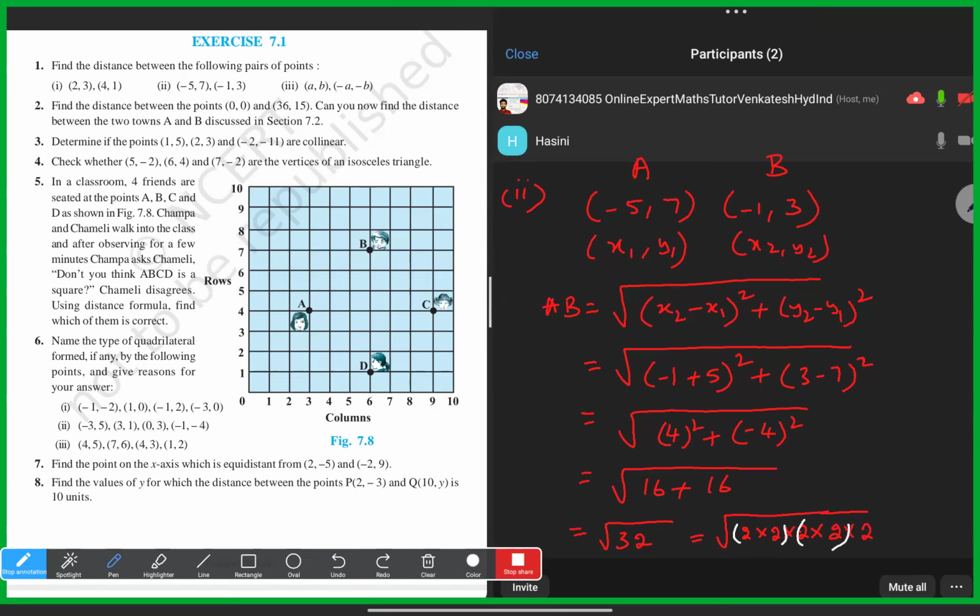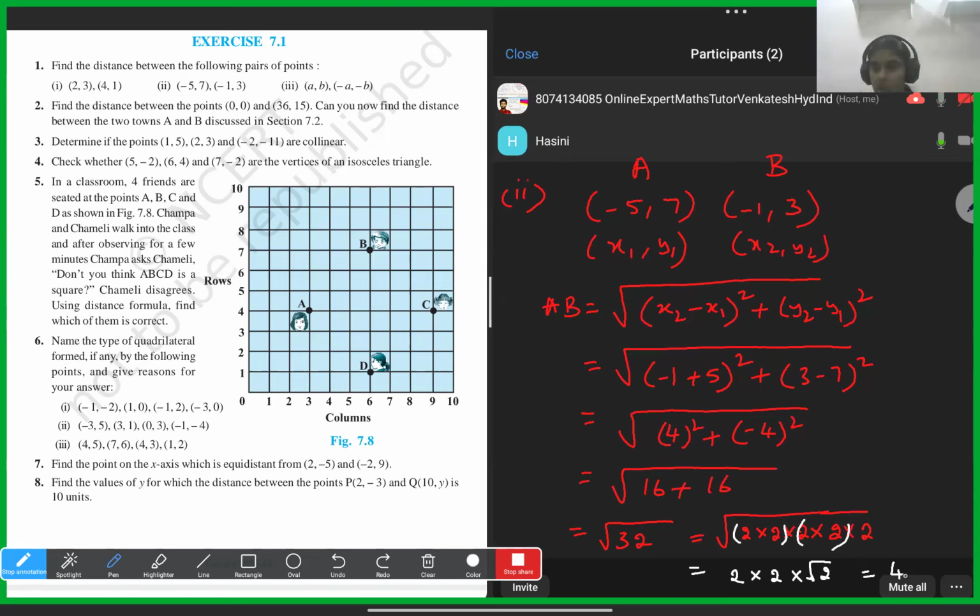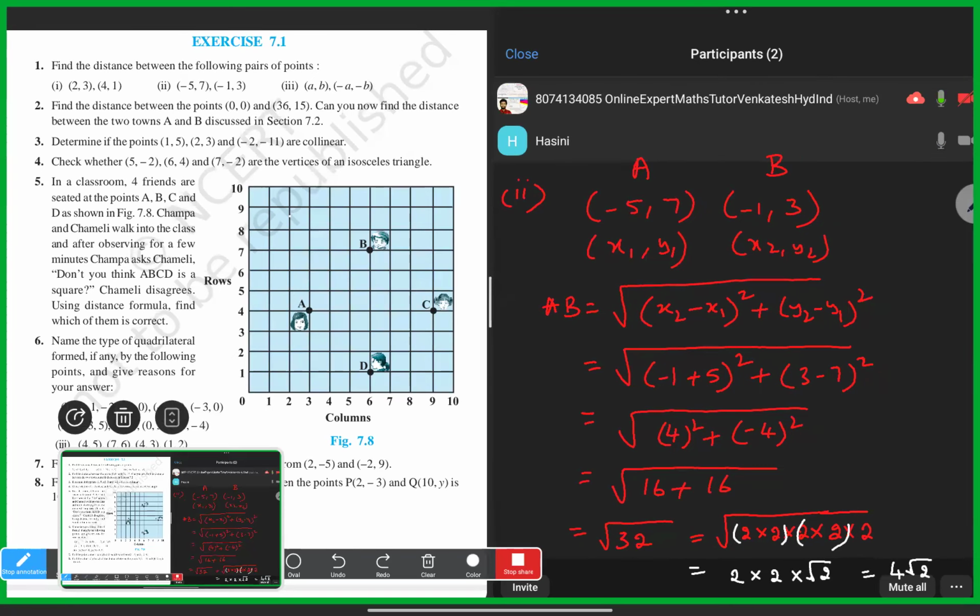The one that is not paired will stay inside the root only. So from the two pairs, you'll get one 2 outside, one more 2 outside, and root 3. So 2 times 2 is 4 root 3. Any doubt, Hasni? No, sir. So how I brought the 2s out, I think you don't have any doubt.